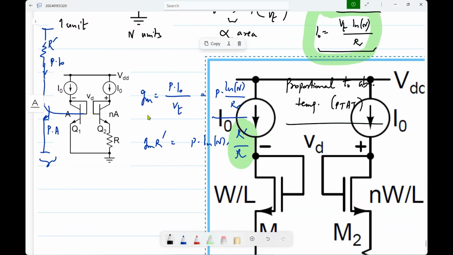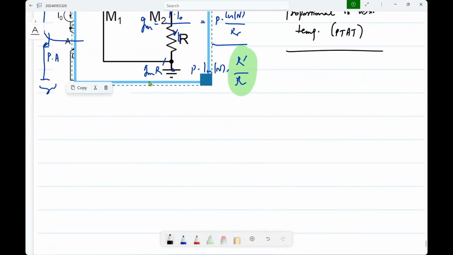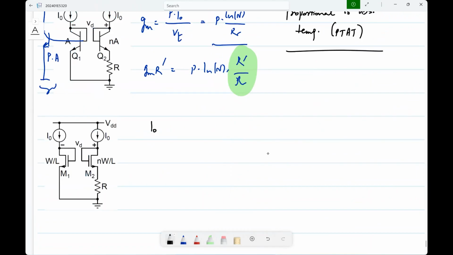But here you are again asked to find the current when Vd equal to 0. What does that come out to be? When Vd equal to 0, it will be VGS1 minus VGS2 divided by R.